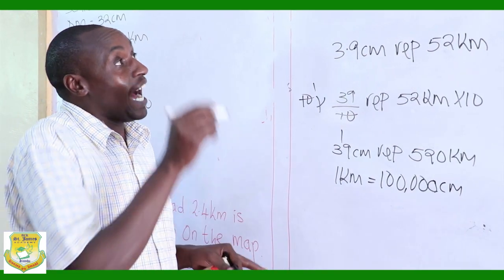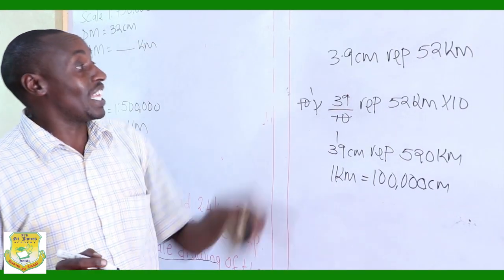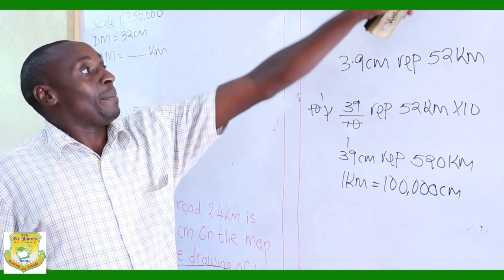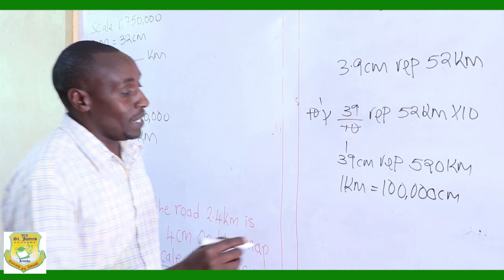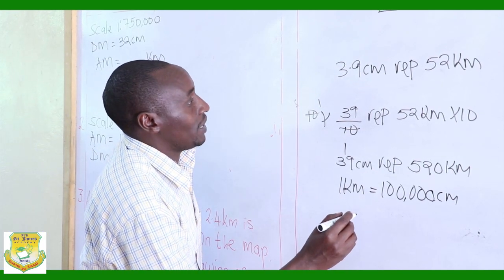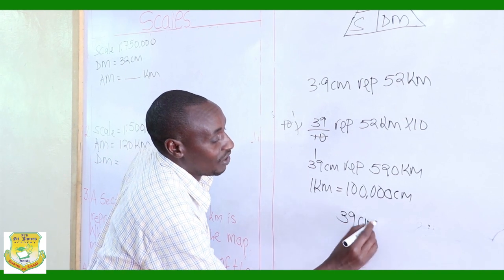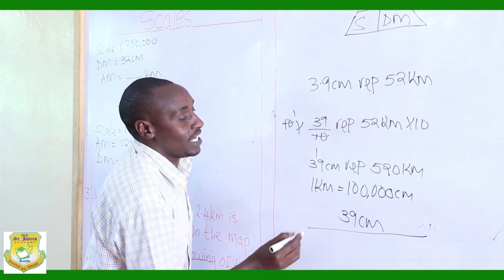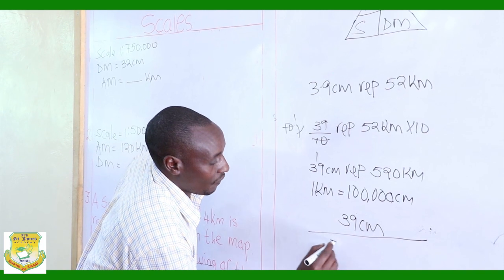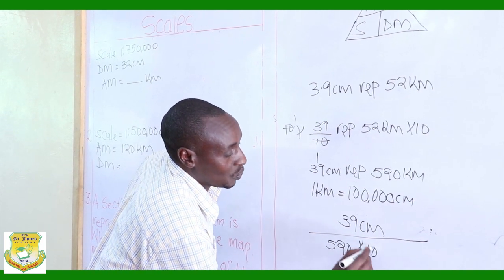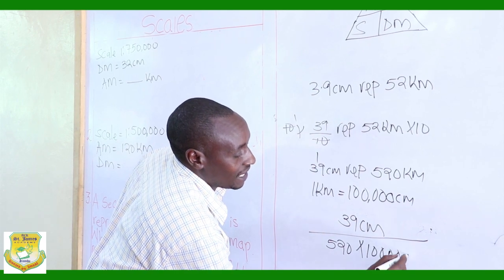Then from there, because for us to get the scale, we normally take drawing measurement divided by the actual measurement. So the drawing measurement, that is 39 centimeter, now a whole number, divided by 520 kilometers. I change into centimeter, I multiply by 100,000.